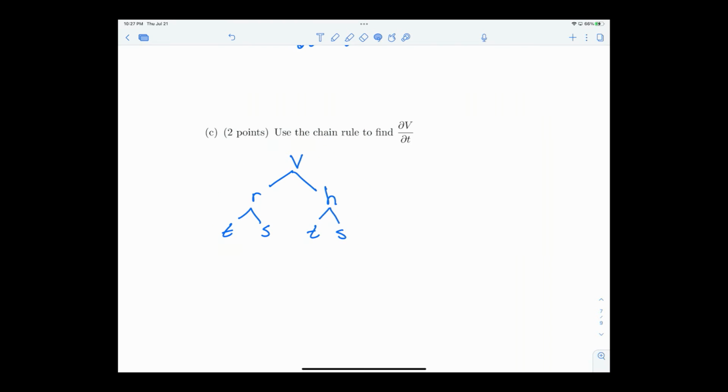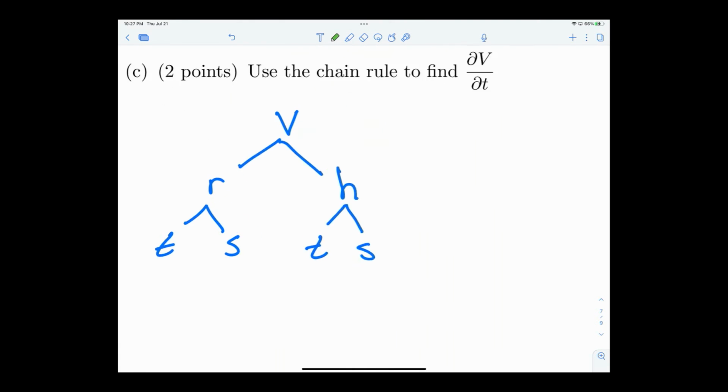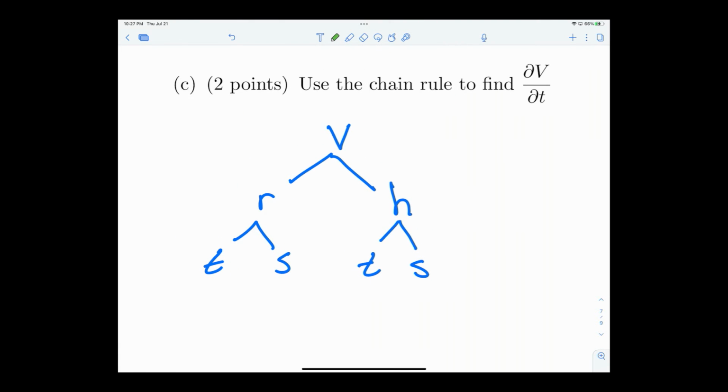So this little tree thing where V was a function of R and H, R is a function of T and S, H is a function of T and S, that actually tells us the chain rule here. Basically, when you have a line from any variable to any variable, you can think of there as being a partial derivative there. That's what we're going to use this chart for.